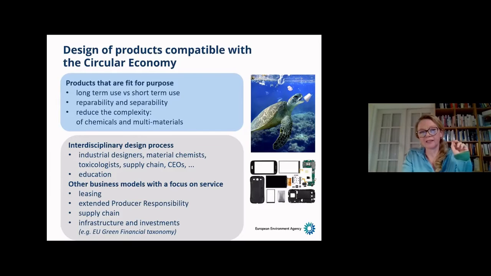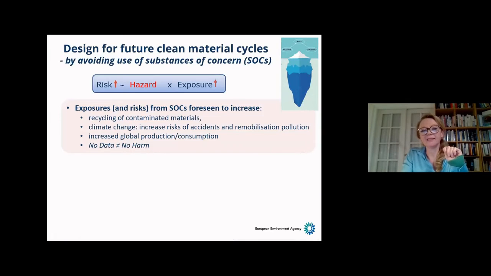But I think a key thing here is also to design for the safety part. And here, the issue is that exposures and the risk for substances of concern are foreseen to increase, both from the recycling of contaminated materials and from climate change, where we have increased risk of accidents and remobilization of pollution.